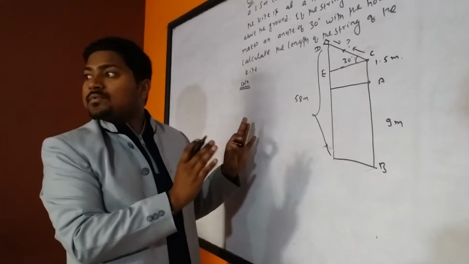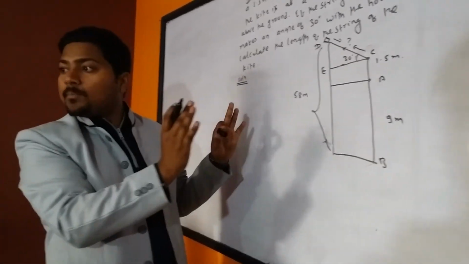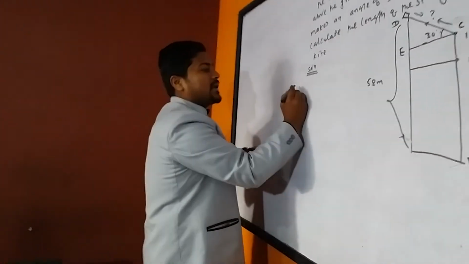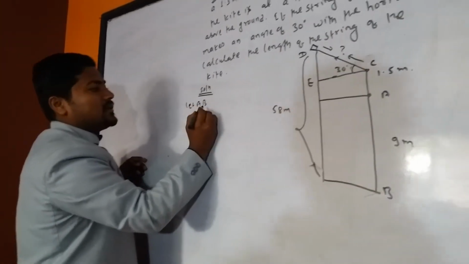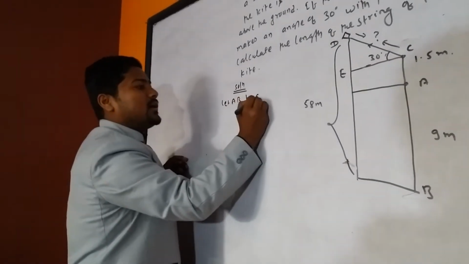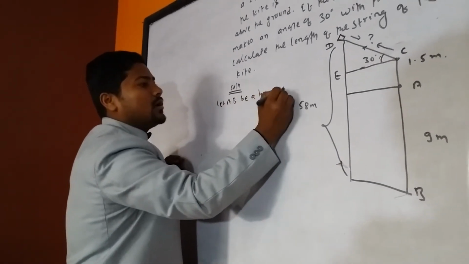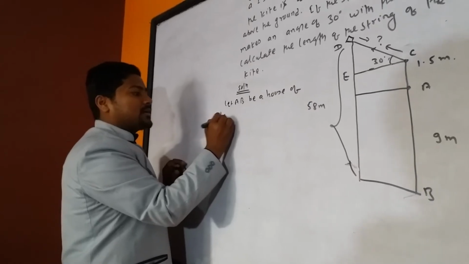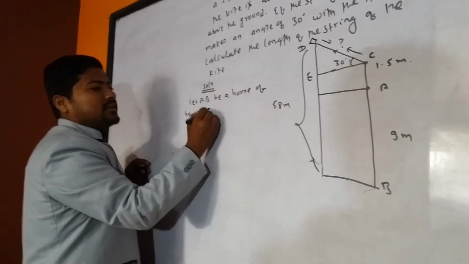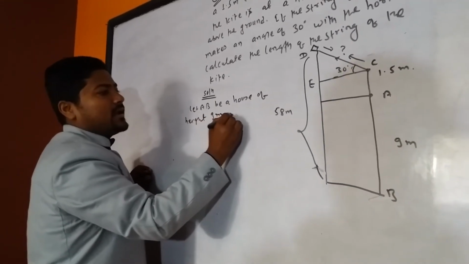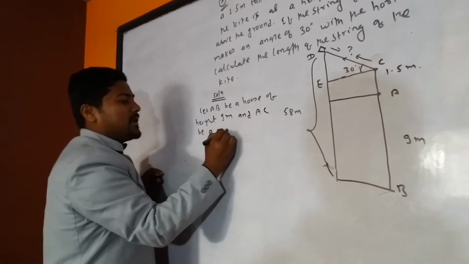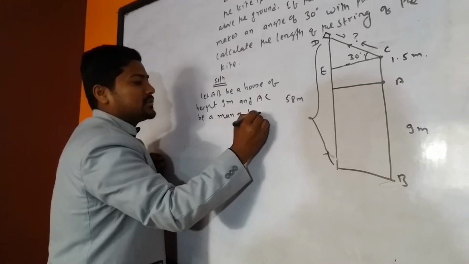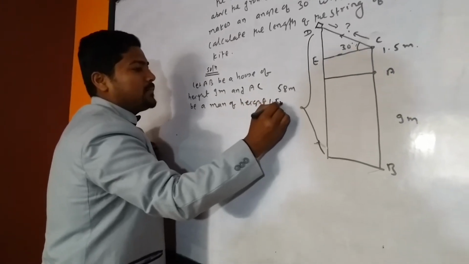So let's write the language first, and then we will plan to solve. Let AB be a house of height 9 meter, and AC be a man of height 1.5 meter.